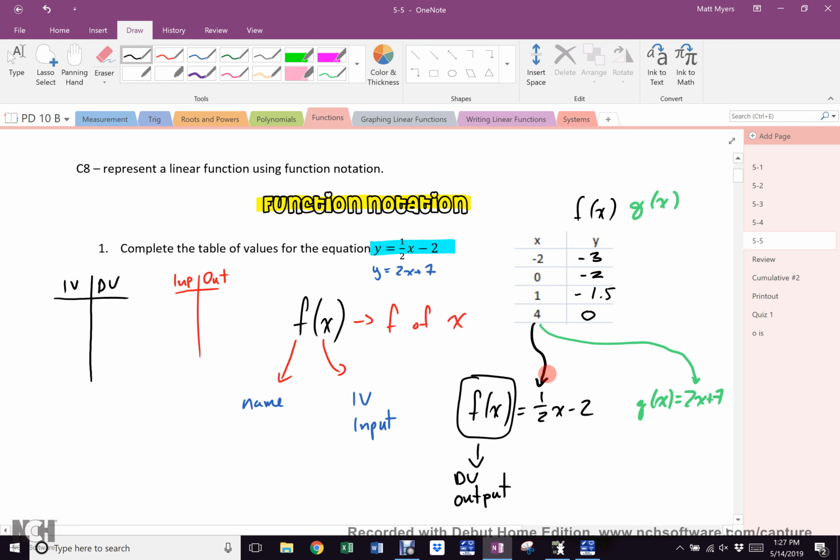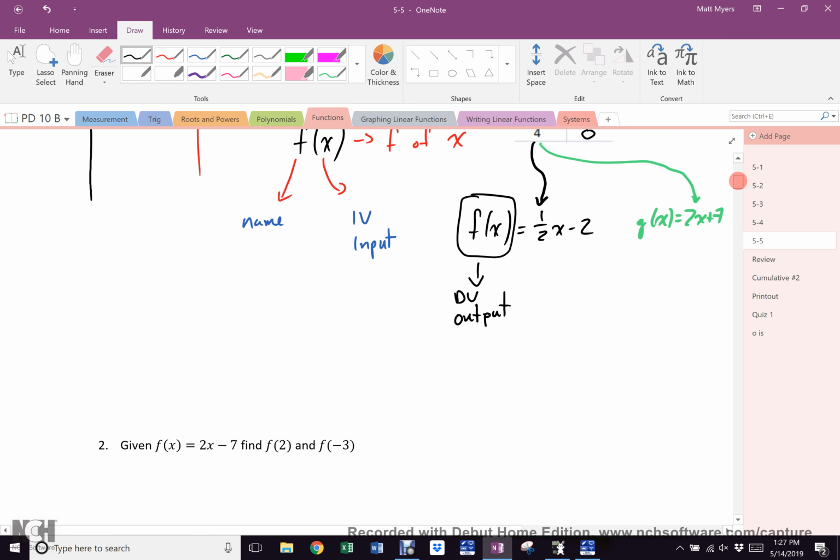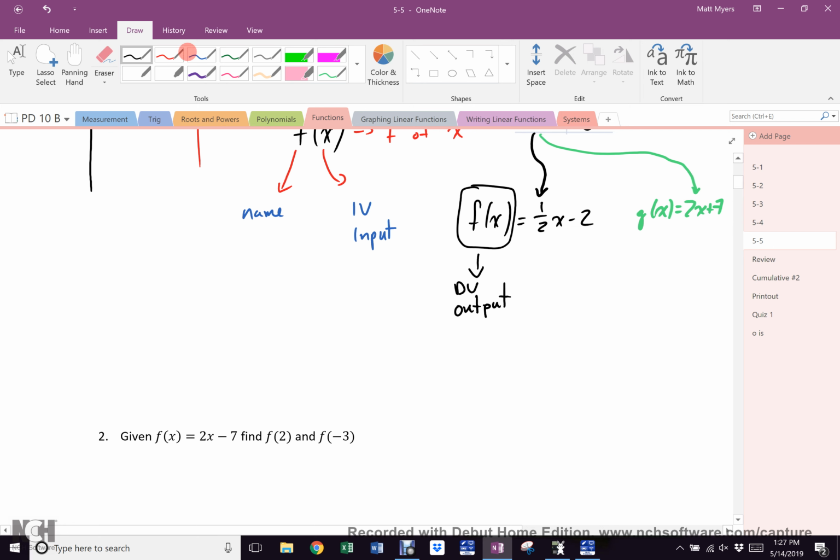Does everyone understand? The math that we are going to do now that you've seen the reason for it, this is the concept. Y now equals f of x. Everywhere you see f of x or g of x or h of x or q of x or m of x or n of x, it is an output or a y value.